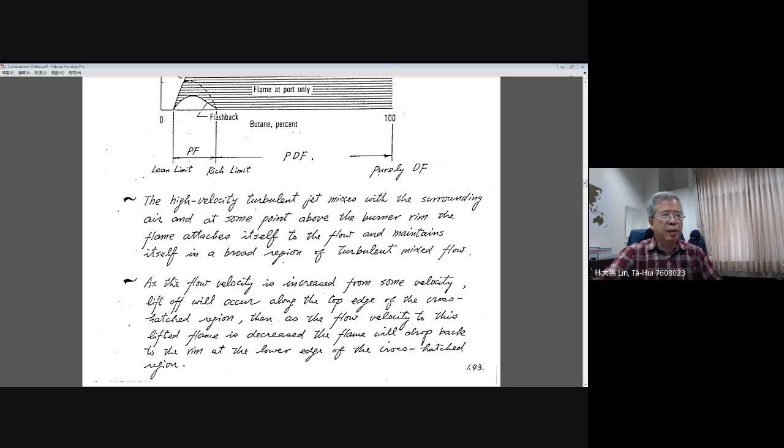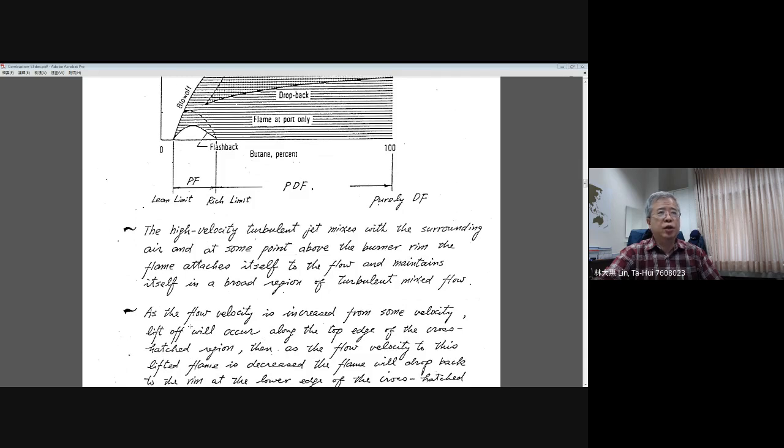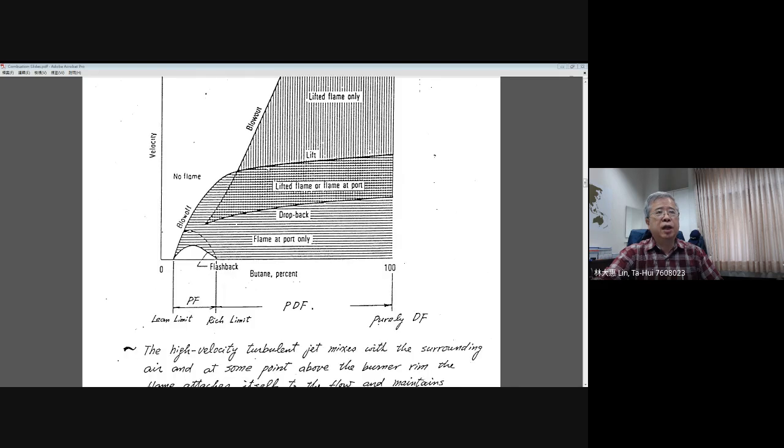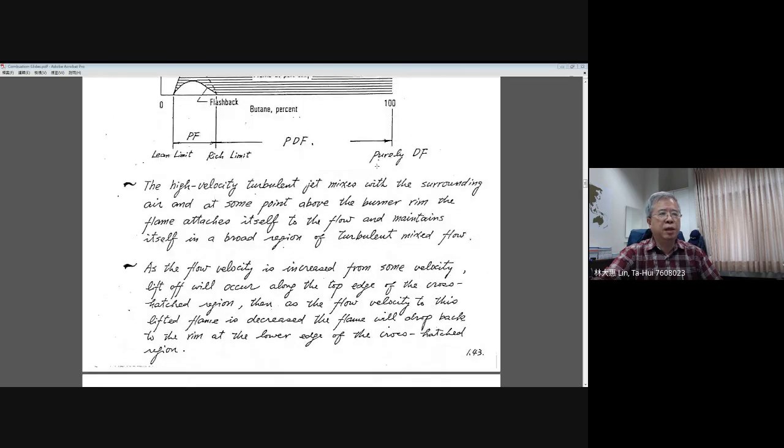But they tell you the important thing is, as the flow velocity is increasing from some velocity, lift-off will occur along the top edge of the cross-hatch region. Here, this is the cross-hatch region. When you increase the flow velocity across the cross-hatch region, then the flame lifts off.